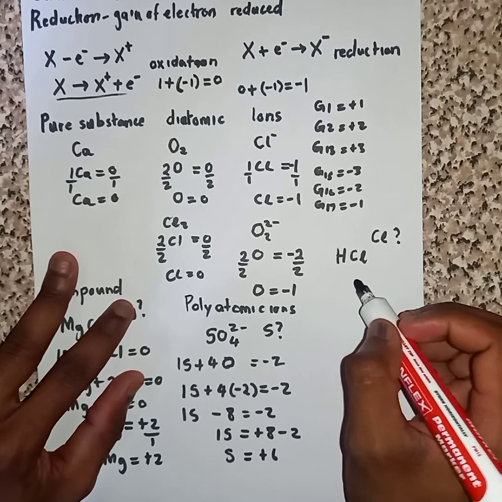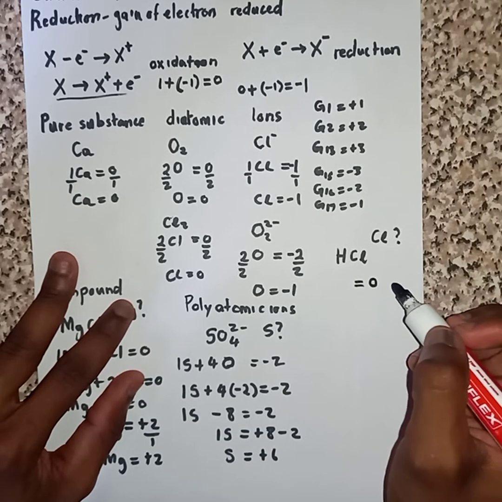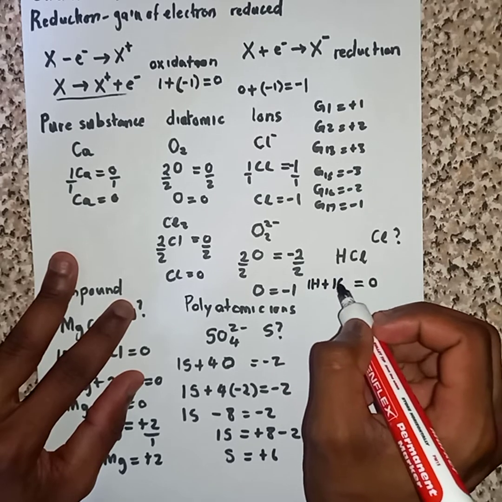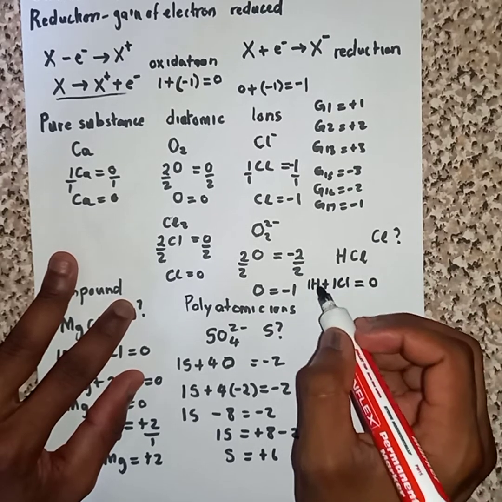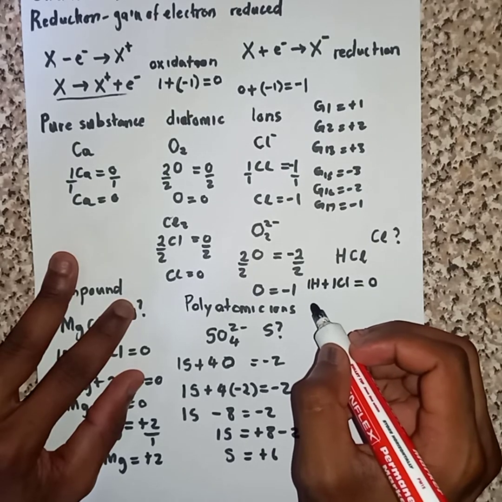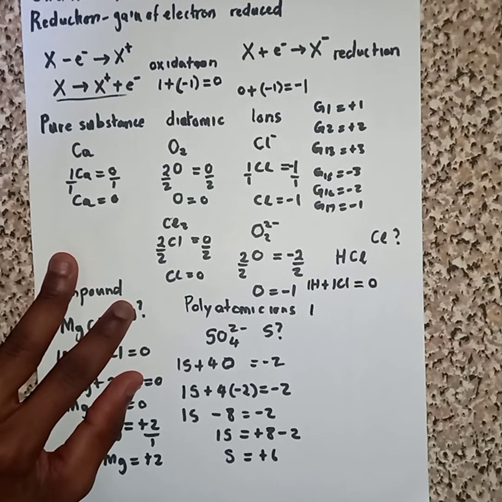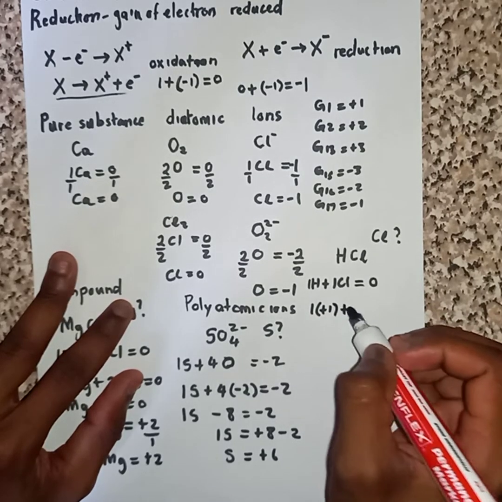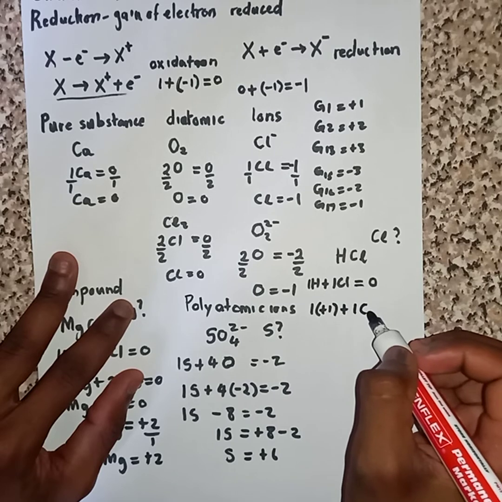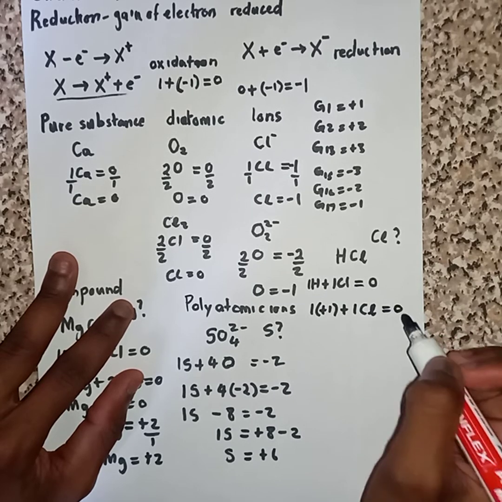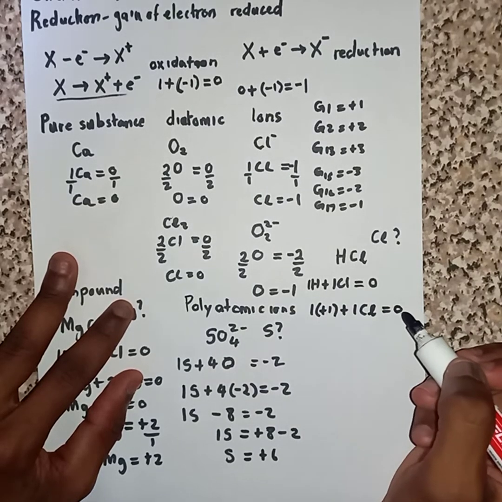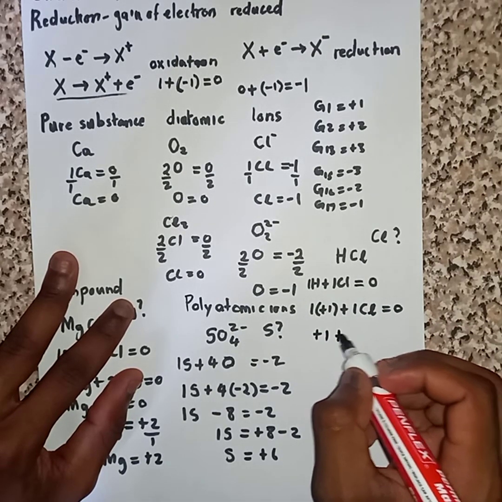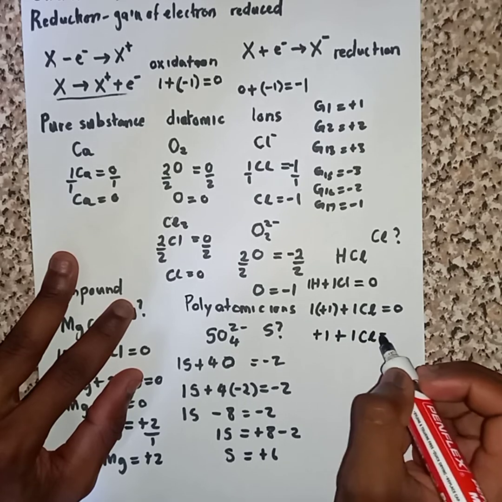Firstly, you consider that the whole oxidation number is 0. I have 1 H plus 1 Cl. The oxidation number of H on your periodic table is +1, so +1 plus 1 Cl equals 0.